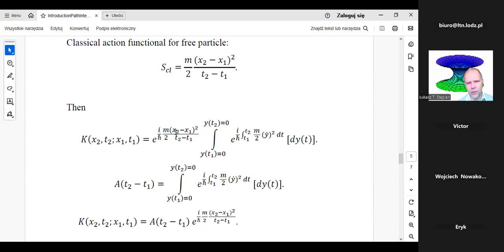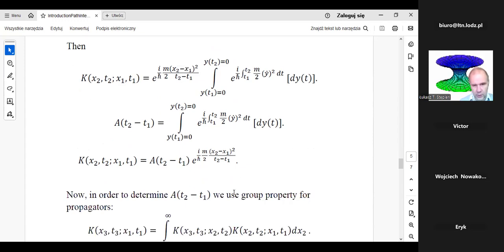And now we can write down this expression as follows. We have a normalization factor A, and we have to compute this normalization factor.